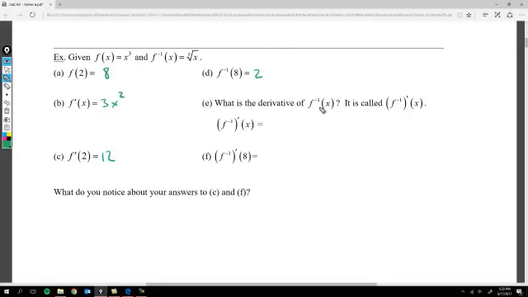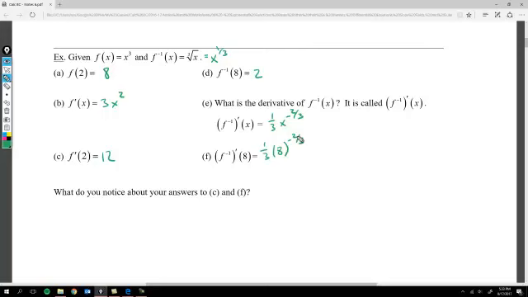Now I want to find the derivative of f inverse of x. The derivative of the cube root of x, which is the same thing as x to the 1/3, is 1/3 x to the negative 2/3. Now they want us to plug 8 into this. The cube root of 8 is 2.